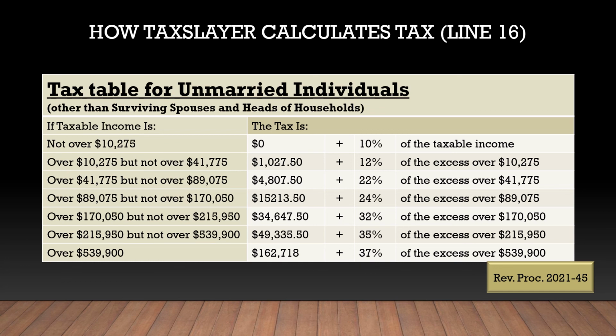So then we just take the base plus the additional tax that was just calculated, and that will be the tax on line 16. Now this last step is a little bit simplified for some of our taxpayers with more complicated tax situations, as they may have slightly different tax due to things like capital gains. But this will apply for most of our taxpayers. And again, not to worry, TAXSLAYER does a really good job with these calculations.